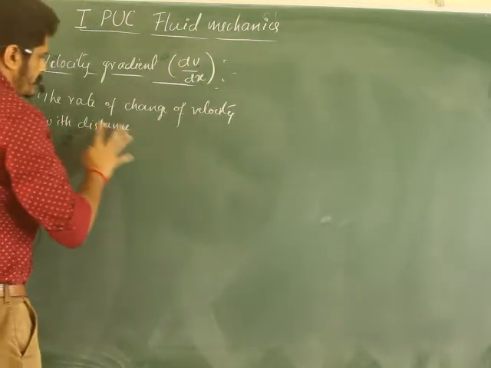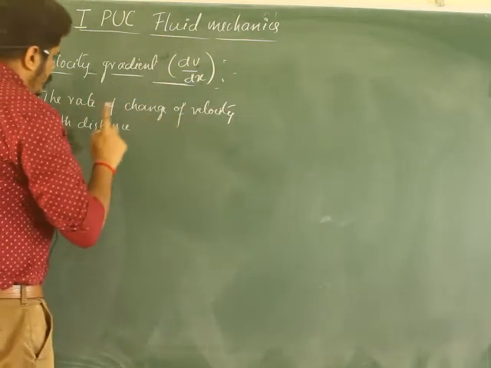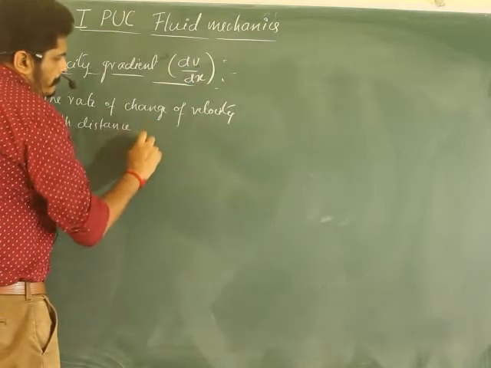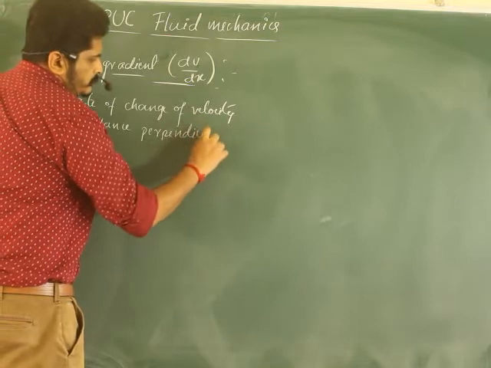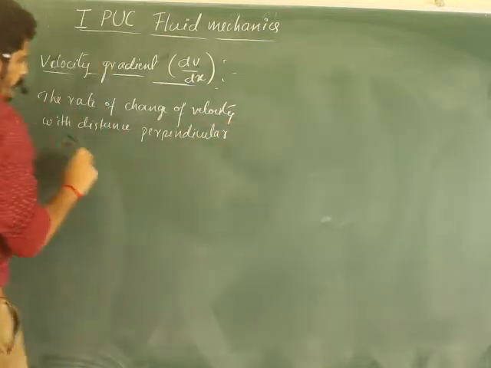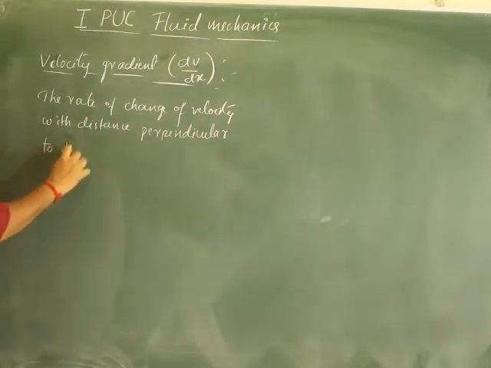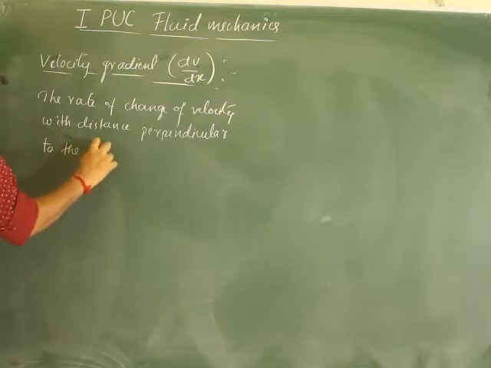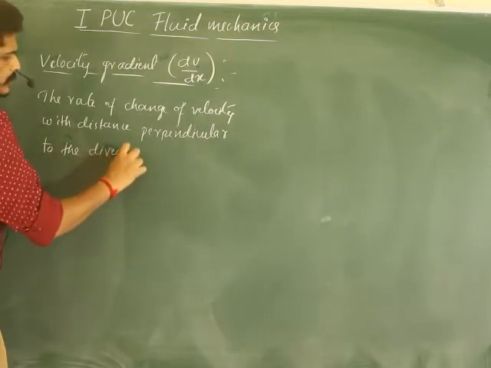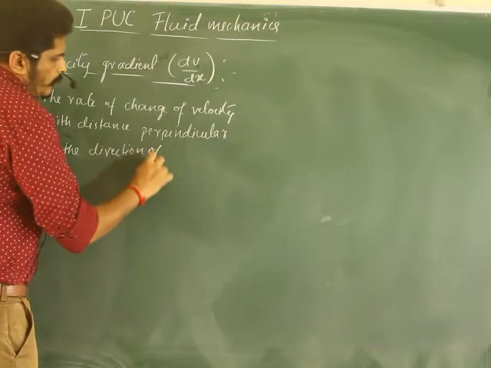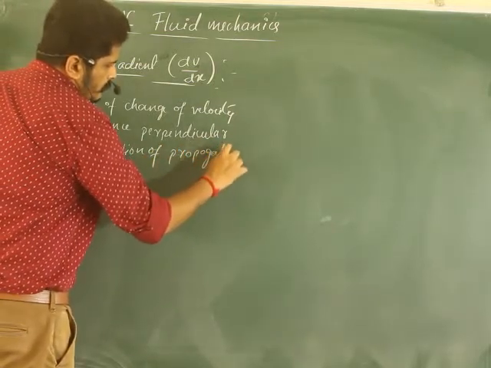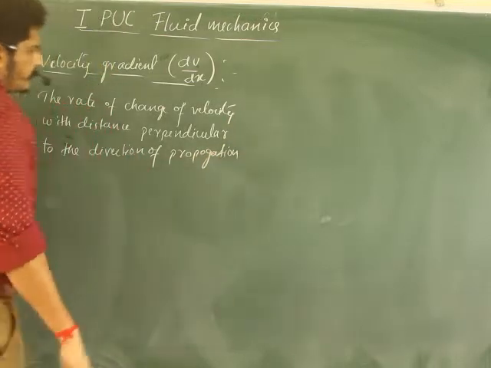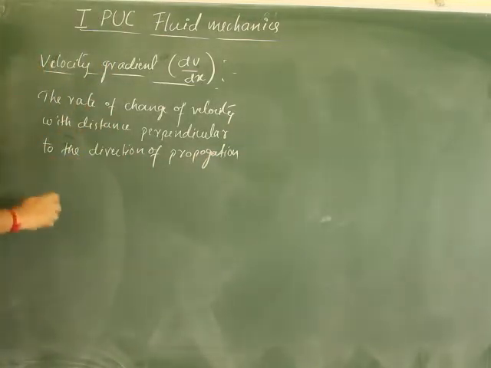So the rate of change of velocity with distance, perpendicular to the direction of propagation, is called velocity gradient.